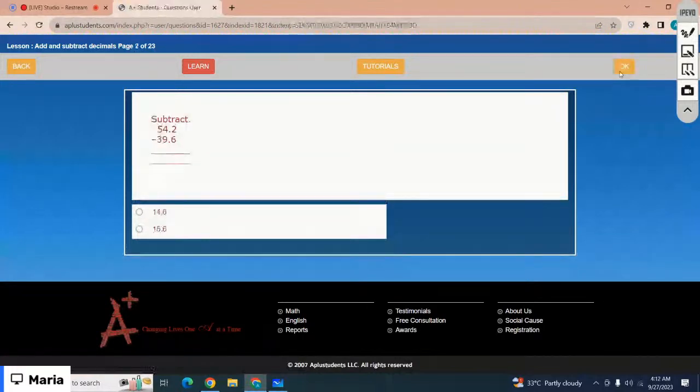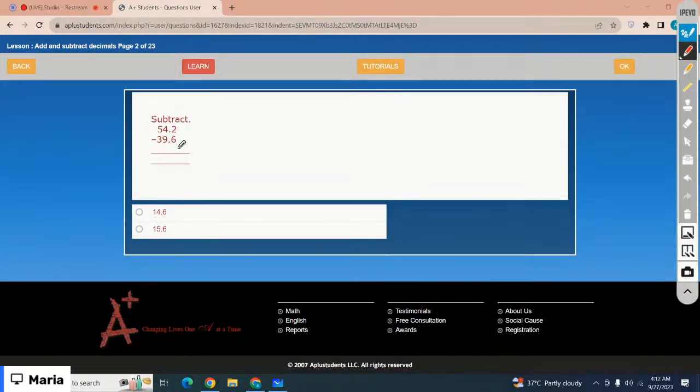Okay, the next one is subtract 54.2 minus 39.6. So how do you subtract? You cannot subtract 6 from 2, right? So you have to borrow 1. You borrow 1, here you have 12 and here you have 3. 12 take away 6 is 6.